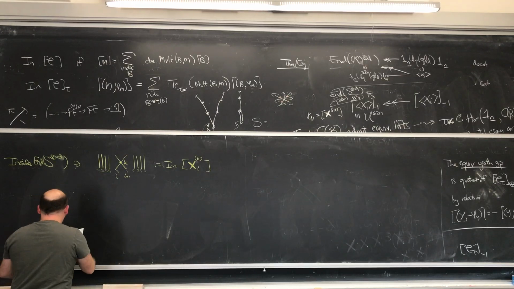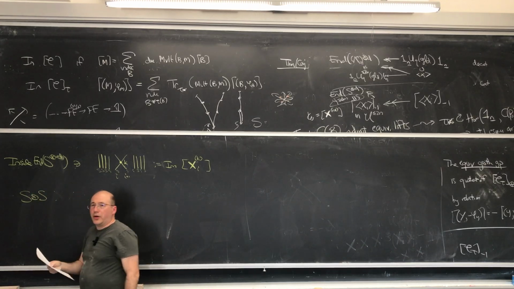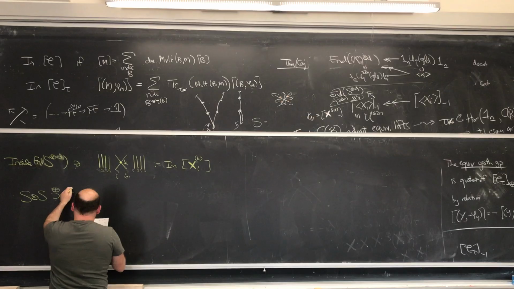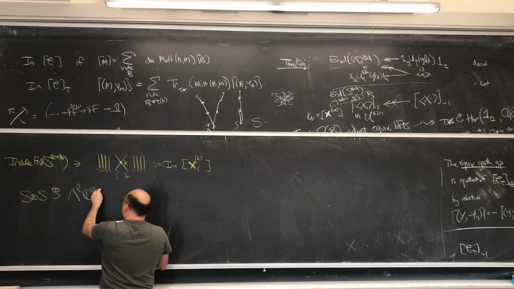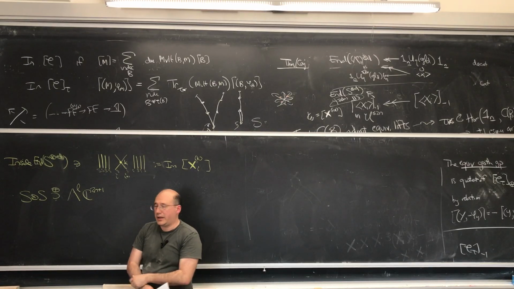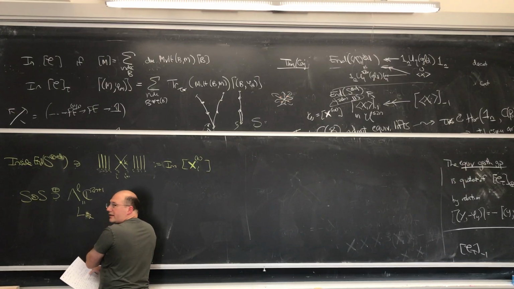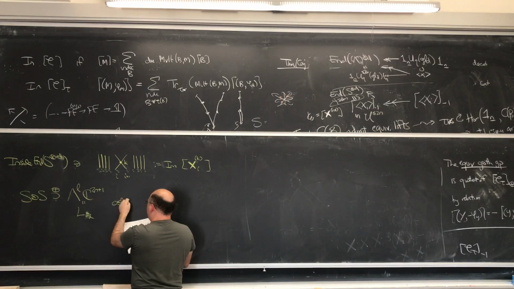And if you look at S tensor S and decompose it into its summands, then actually every single other fundamental representation is a summand. So this is the irreducible representation associated to the Lth fundamental weight, for L between 0 and n minus 1.